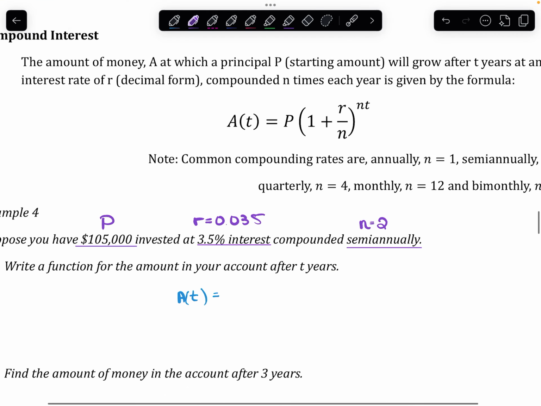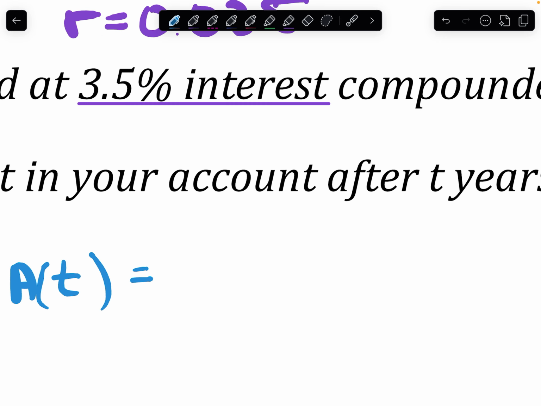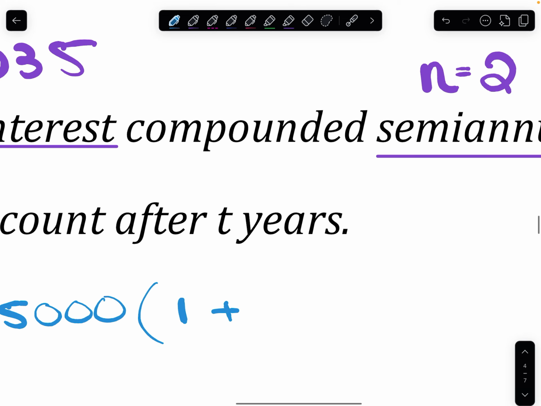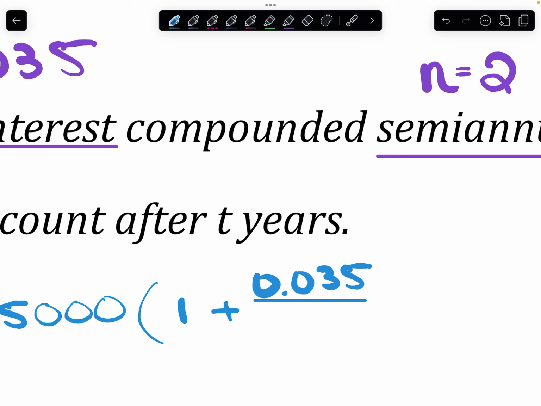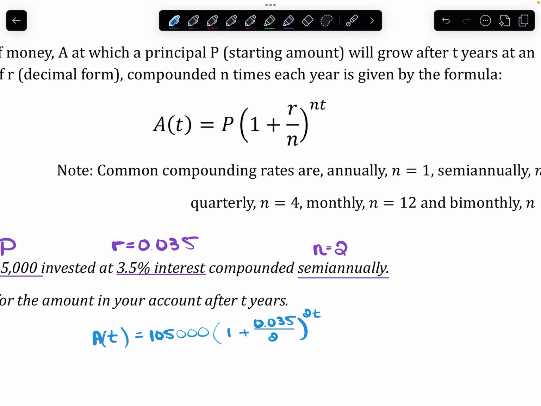And then t years. So for the initial model, we leave t at t. So our model is going to be 105,000 times 1 plus our rate, 0.035, divided by 2, raised to the power 2t. So getting all your variables plugged into the correct spots.